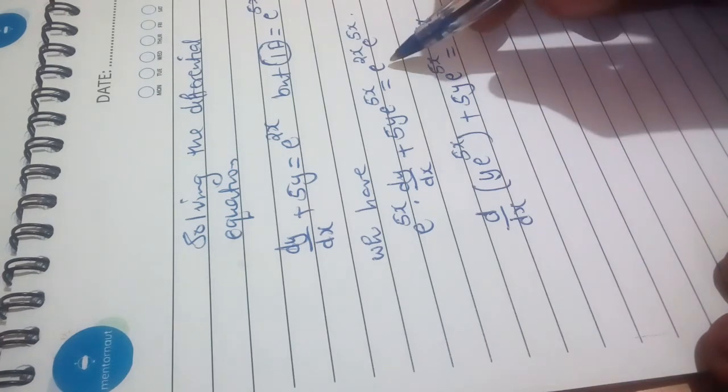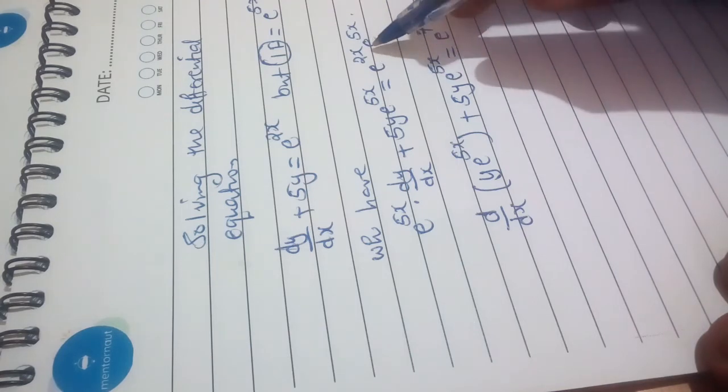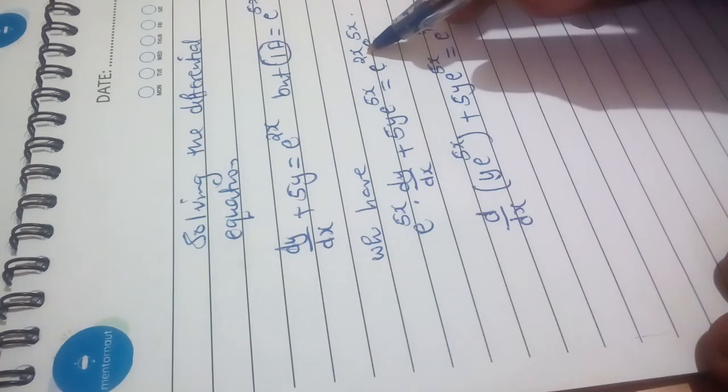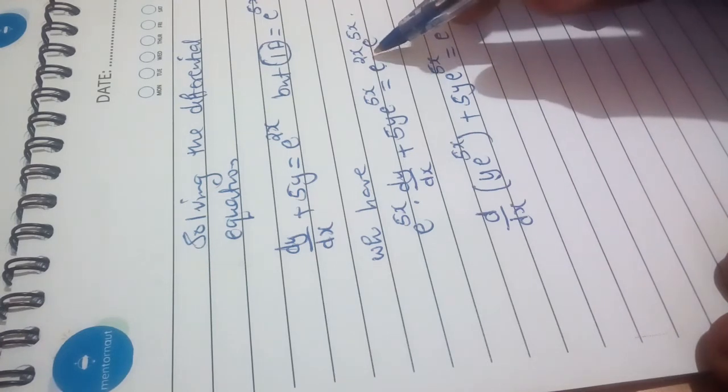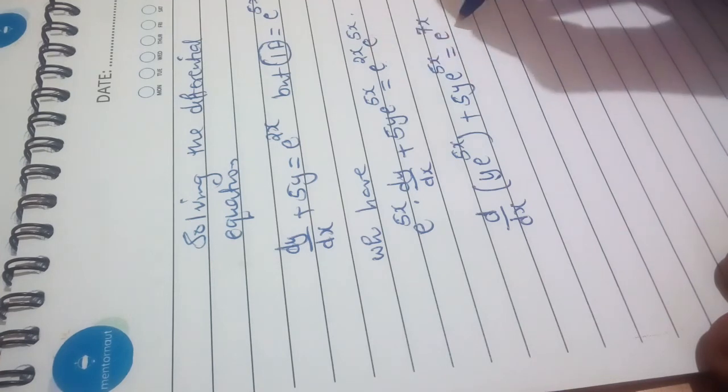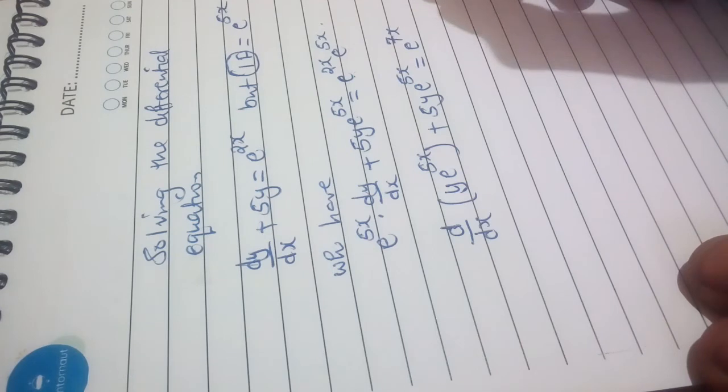When multiplying the same base, we don't multiply the powers, we are supposed to add them, and that is why we are getting e raised to power 7x.